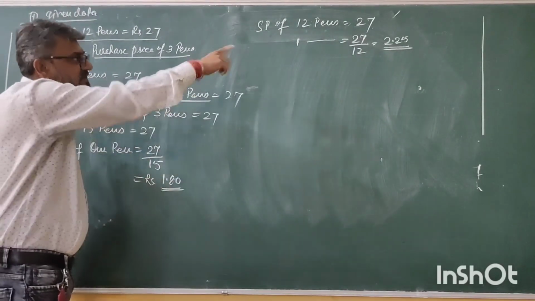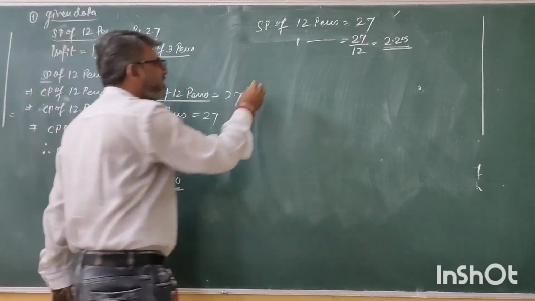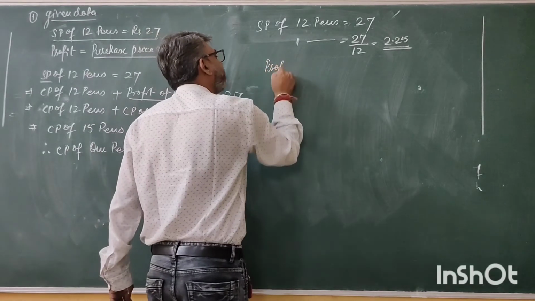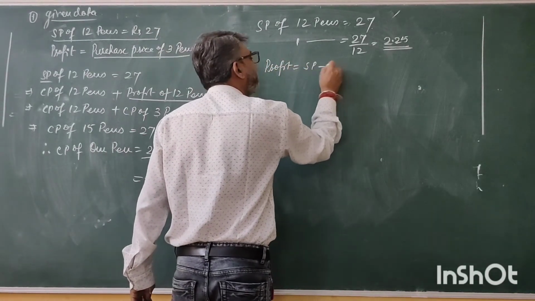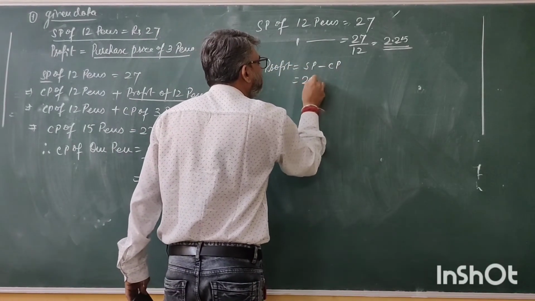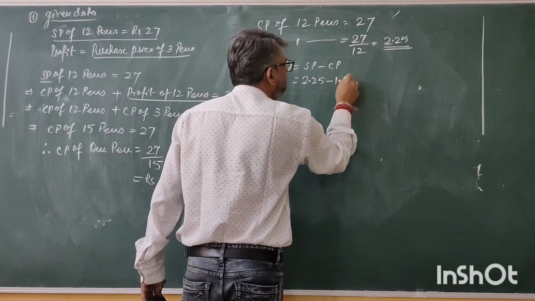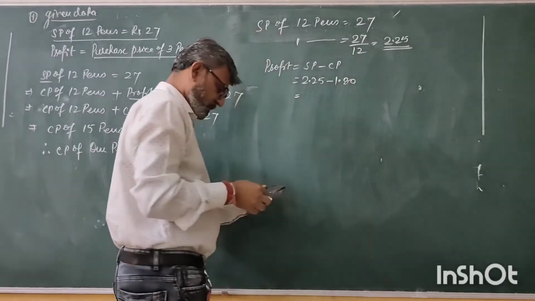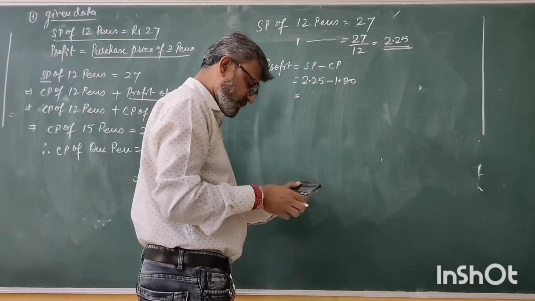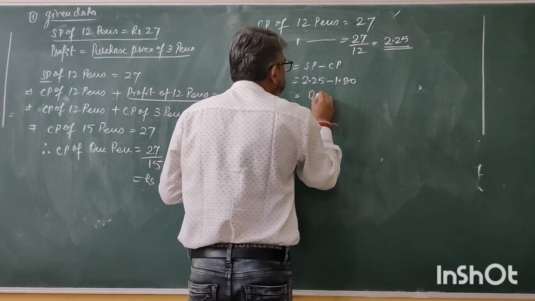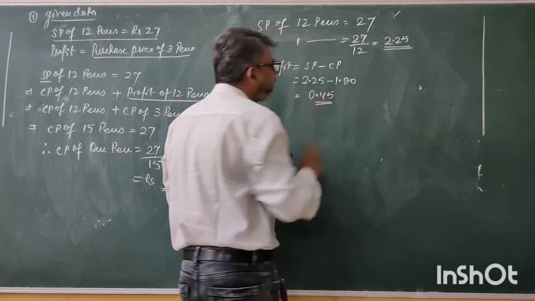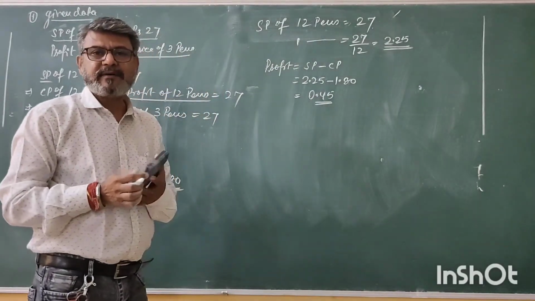Now the selling price is greater than cost price. Now you have taken a profit. Therefore, profit is equal to SP minus CP. 2.25 minus 1.80. Now you have taken a profit of rupees 0.45. Understand?